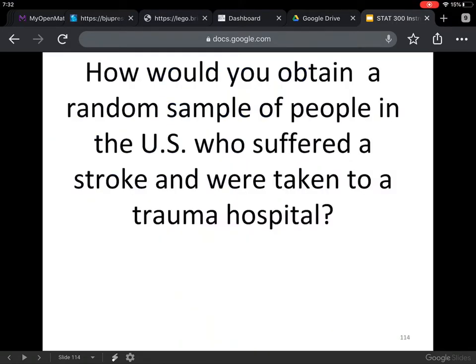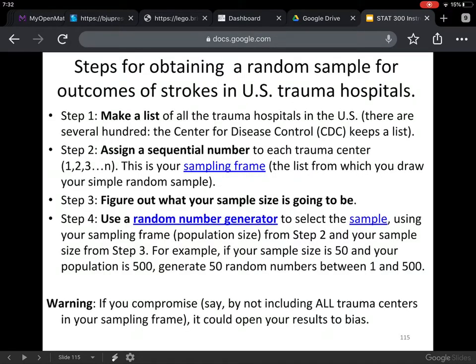How would you obtain a random sample of people in the US who suffered a stroke and were taken to a trauma hospital? How would you obtain that sample? Pause the video and think about that. Well, you would have to make a list of trauma hospitals in the US. The CDC has a list of those. You can assign a sequential number to each trauma center, and this would be called your sampling frame.